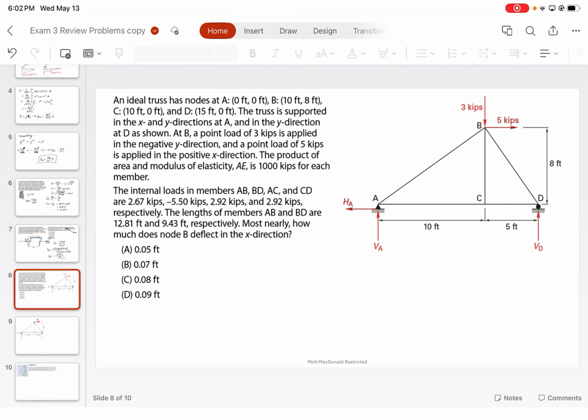So what's the thought process? What are we all doing? Principal of virtual work. Okay. It's just a lot of numbers you have to solve for.